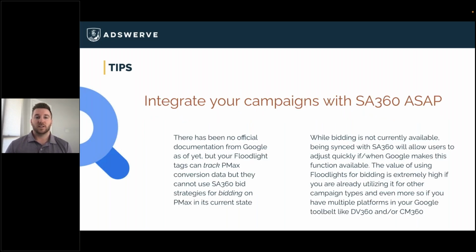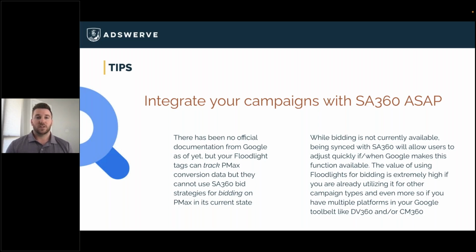And then moving on to integrating campaigns with your SA360. Obviously, like we've touched on, the use of floodlights within your Performance Max campaign is going to be very beneficial as we talk about navigating and tracking things across different channels. Obviously, you can't do that without including SA360 into your lineup.